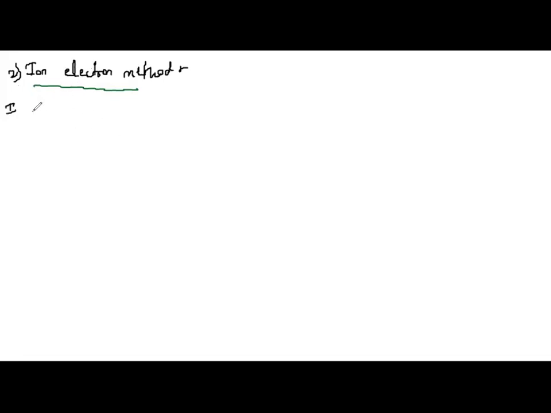So they have given the equation, the example I'm giving you: I2 plus OH minus gives IO3 minus plus I minus plus H2O. So this is the ionic equation.